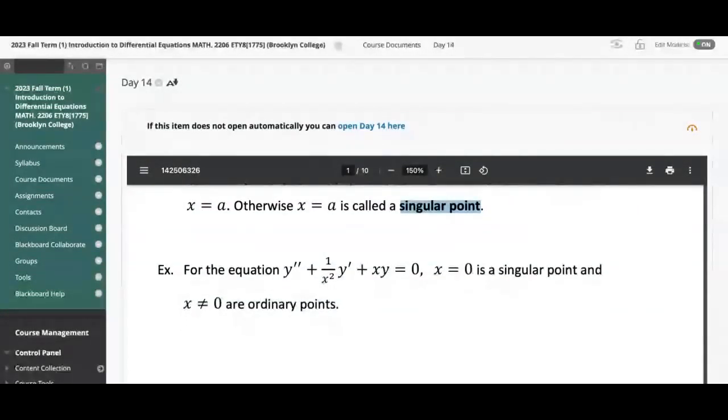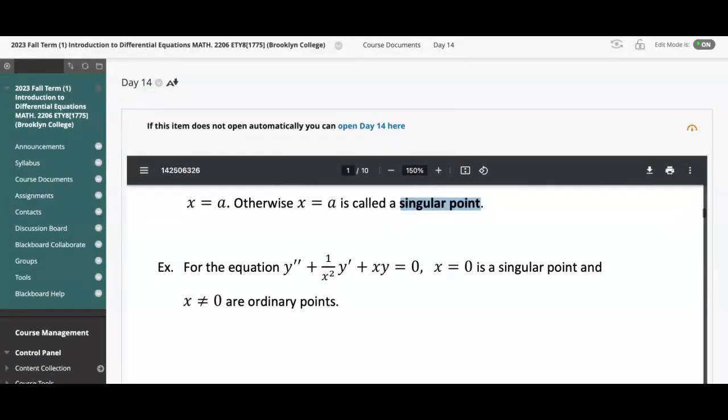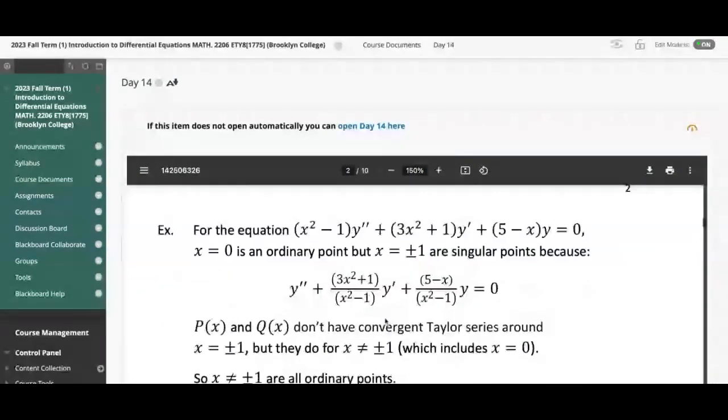Then we spend a lot of time talking about how to recognize, because singular points will have two kinds, regular singular point and irregular singular point. So those are some examples to find out if 0 is a singular point or ordinary point.